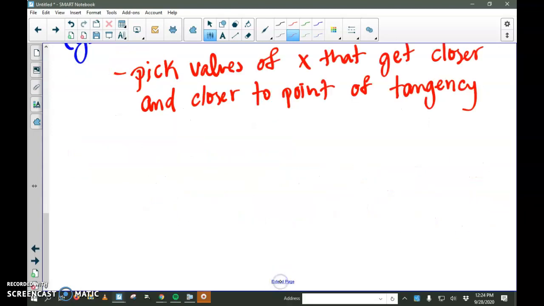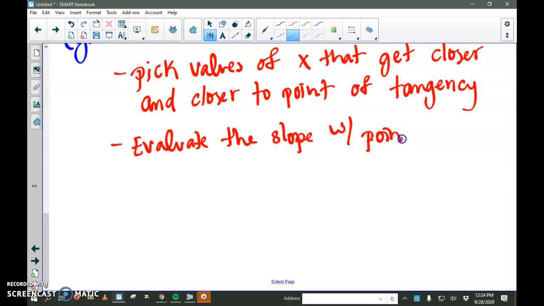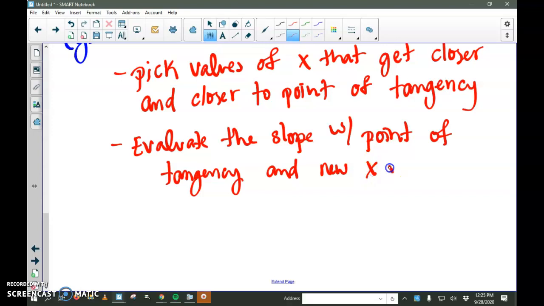And I'm going to evaluate the slope with that point of tangency and each of those new x values, or the points associated with those new x values.